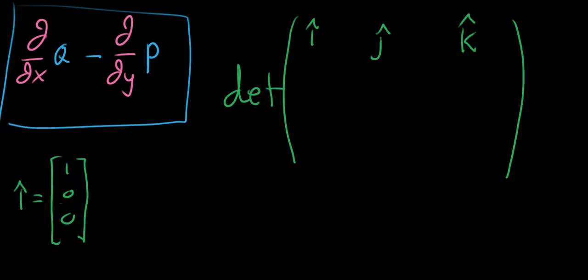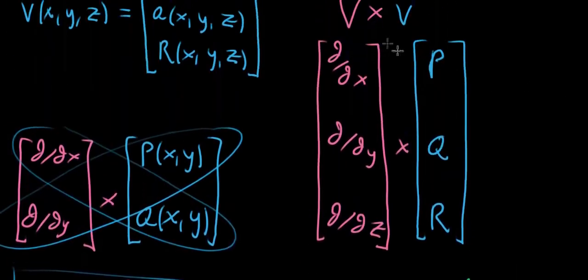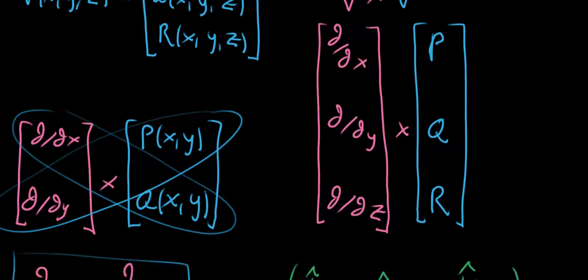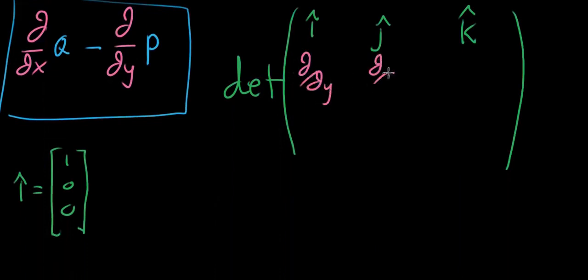So we put those in the top row as vectors, and this is kind of the trick to computing the cross product, because, again, what does it mean to put a vector inside a matrix? But it's a notational trick. And then we're going to take the first vector that we're doing the cross product with and put its components in the next row. So the next row has a partial x, partial y, and partial z. Sorry, I keep messing up here.